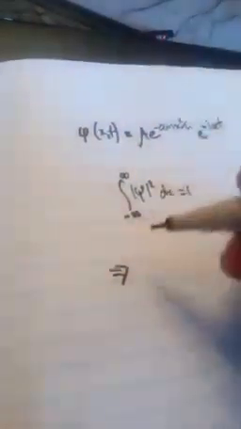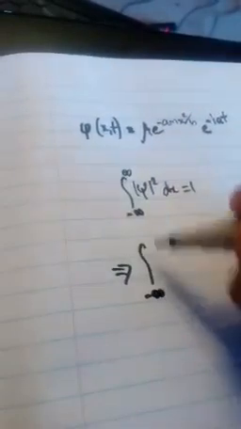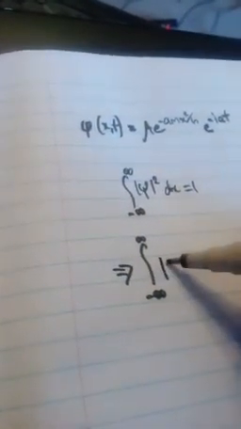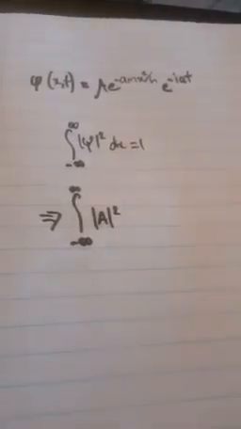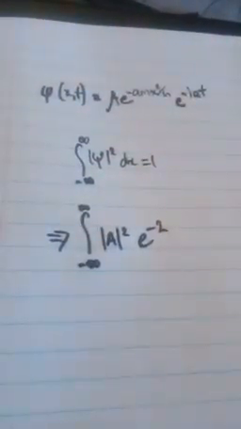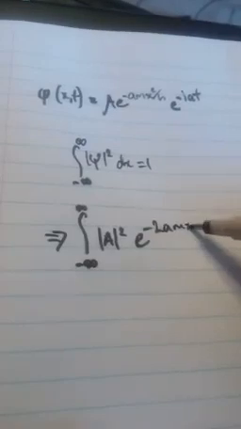All right. So the absolute value of A squared, so we've got the integral from minus infinity to infinity of the absolute value of A squared, e to the minus, and because we're squaring it, it is now 2A m x squared over h bar.